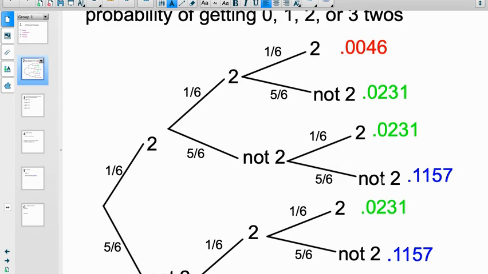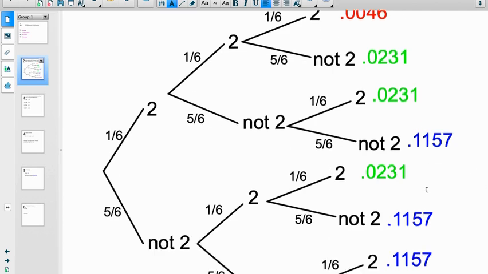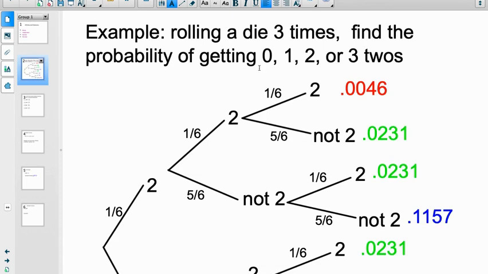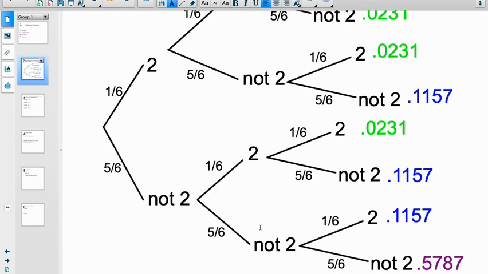So you have to add all those up or multiply 0.0231 times 3. Same situation with getting one 2. 1/6 would happen one time, 5/6 would happen twice, 0.1157, but that happens 3 different times, so you have to multiply that by 3. And then no 2s would be this end result that only happens once.